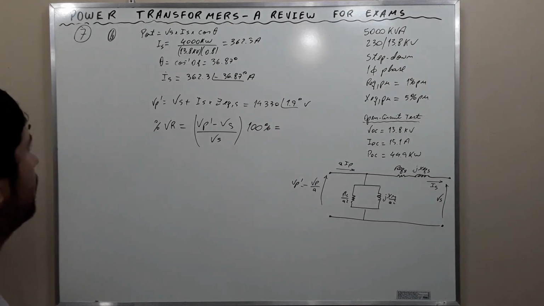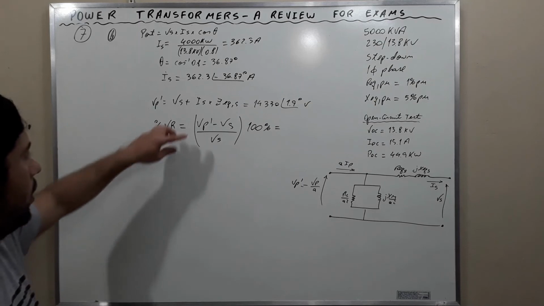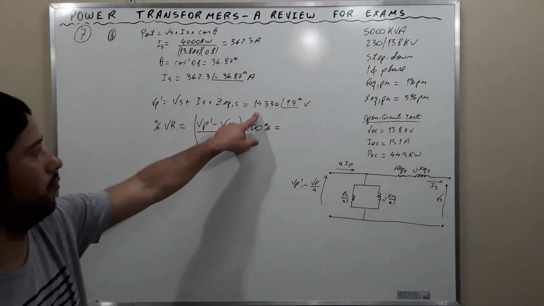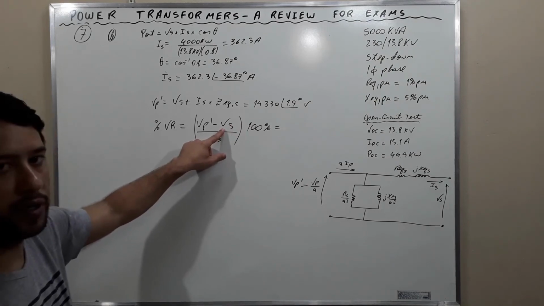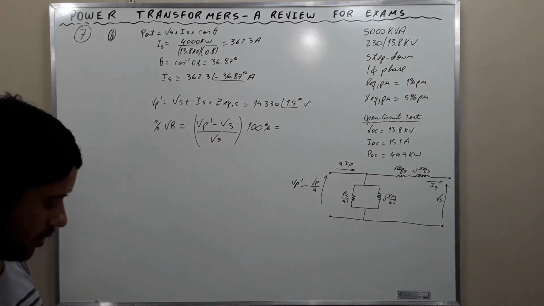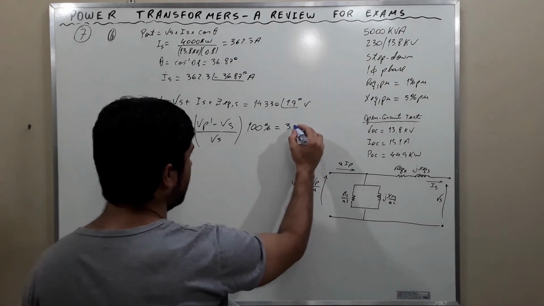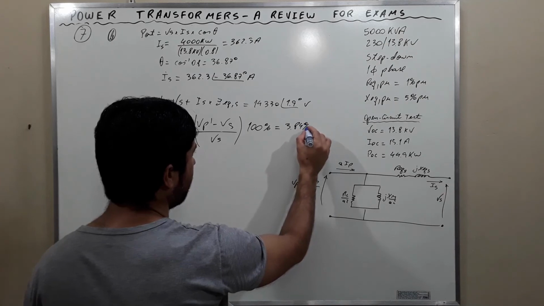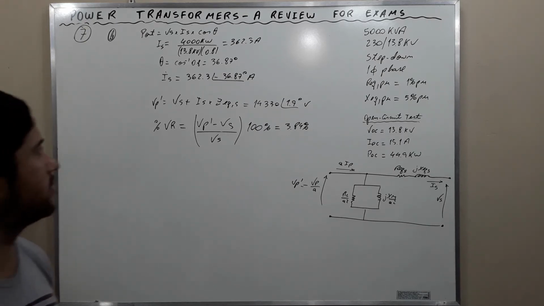And this is equal to, this value here, 14,330 minus 13.8 kV divided by 13.8 kV, and this gives a percentage regulation of 3.84%. Okay, my friends, this is exercise 7.